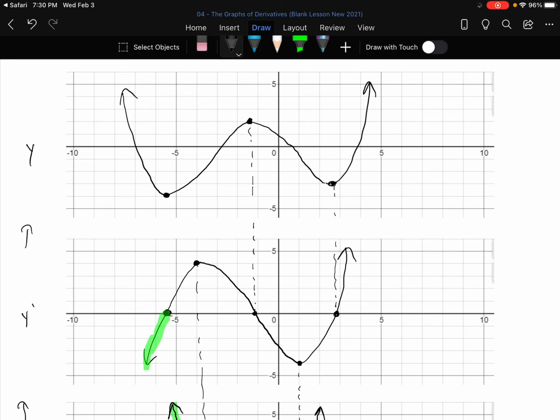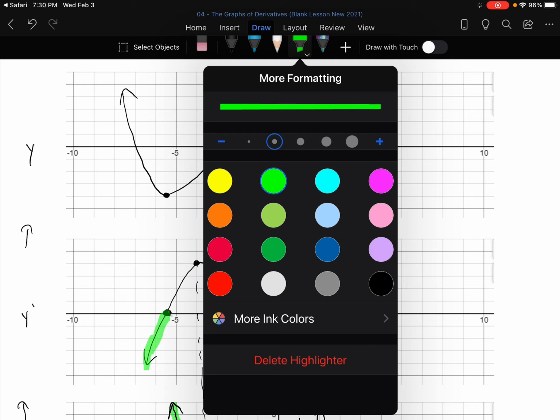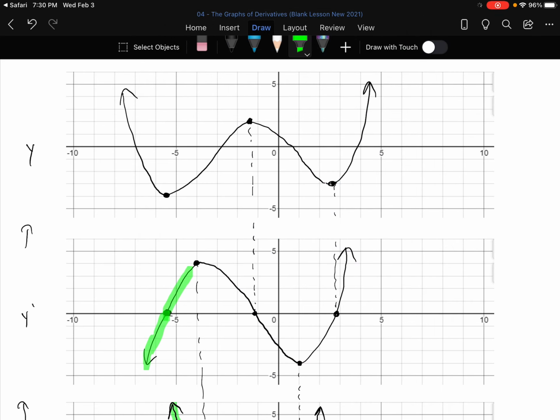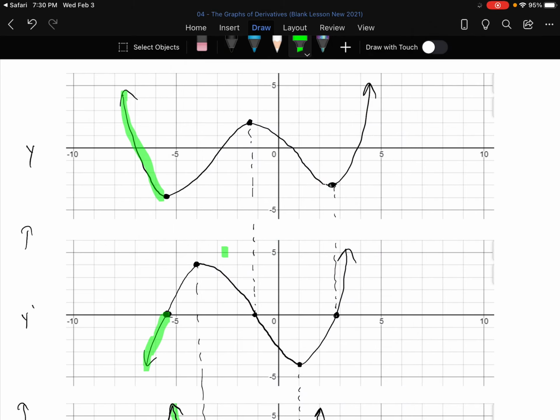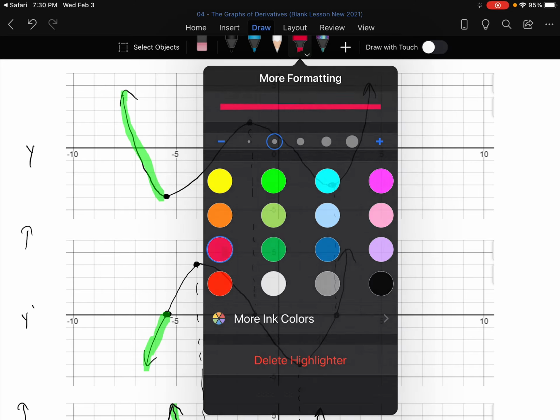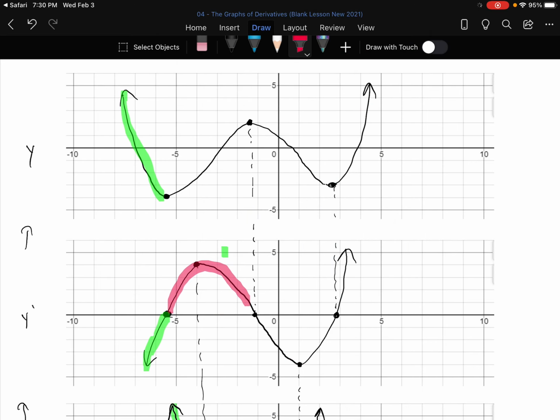Okay, let's match those up just a little bit. I'm going to put some green stuff on here. So these were y prime positive. Oh, sorry. That's not what I wanted. In this green part, negative y primes means decreasing in here, so that matches up with this part here. And then in here we had positive values of the derivative.